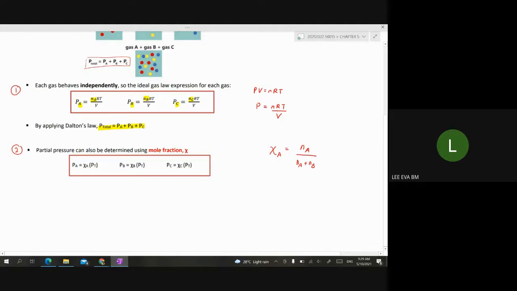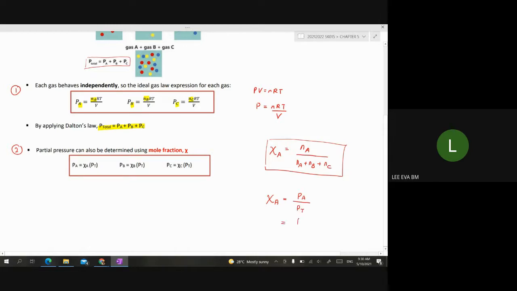If there are three gases, then you find the total. Oh, this is what you previously learned in chapter 1. So in chapter 5, we revise mole fraction again, but this time we use the partial pressure. We use the total pressure instead of the number of moles. So we can use it like this: mole fraction of A, we use partial pressure A over the total pressure.